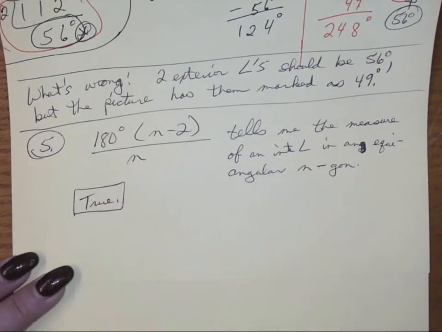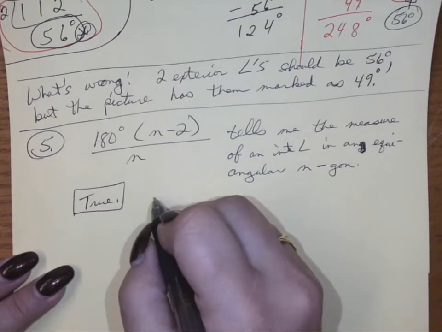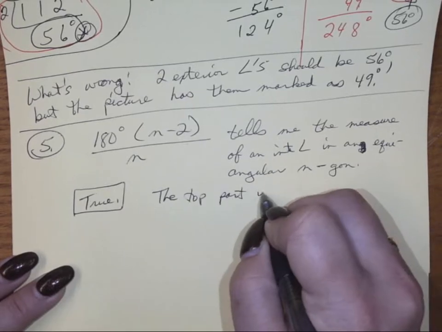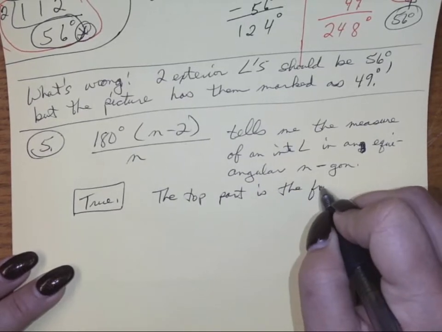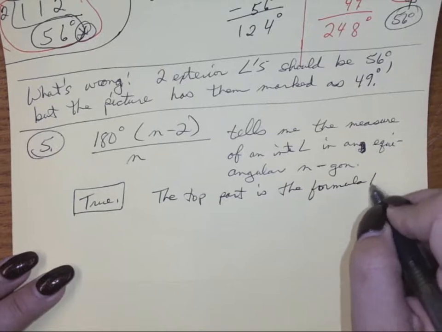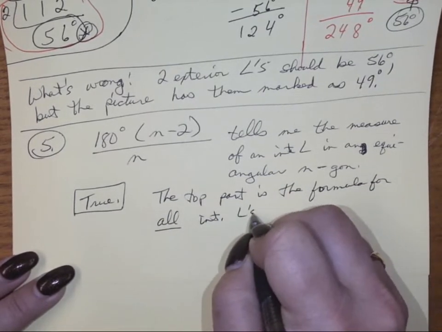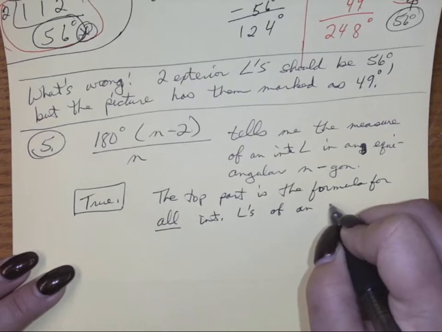Hopefully you see that. And the reason why, it says, if so, give a reason why. And what's happening is the top part is the formula for the sum of all interior angles of an n-gon.